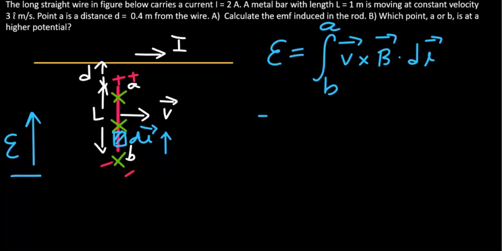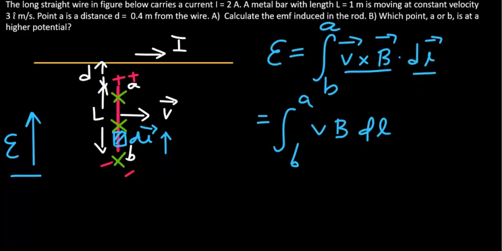That means the above integral can be written in the following manner: V B dl, because V cross B is parallel to vector dl.